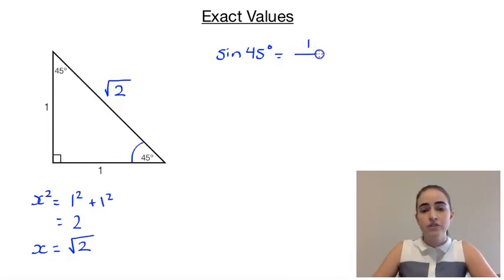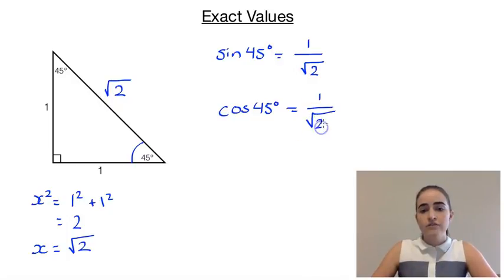So sine of 45 degrees is going to be 1 on root 2. So this is its exact value. If we were to type sine 45 degrees into a calculator, we'd get a decimal as our answer and it would just be an approximation. But this is exact. Now cos of 45 degrees is equal to the adjacent over the hypotenuse, so that's 1 over root 2.